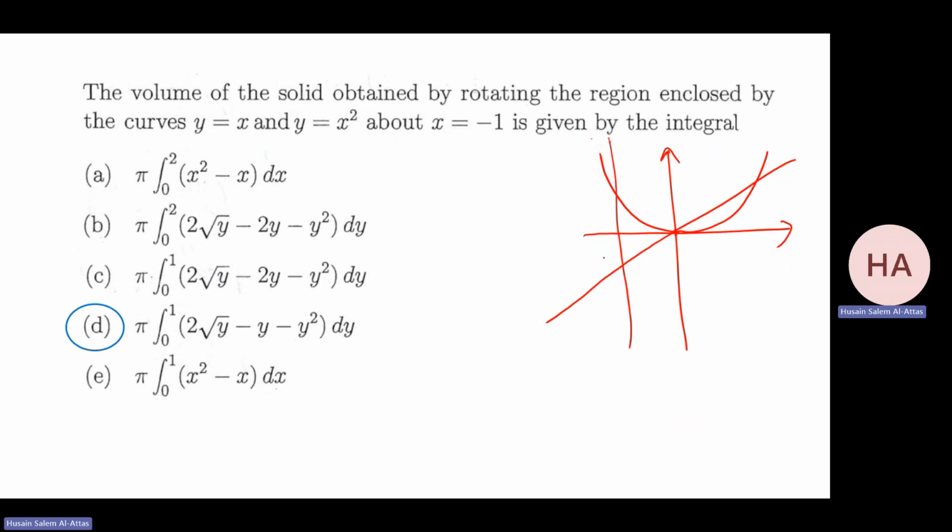This is x equal minus 1 somewhere. So I want it perpendicular to this. I will do it this way. So everything should be in terms of y. So I change everything in terms of y. X equal y; here x equal square root of y, because I need the positive side.